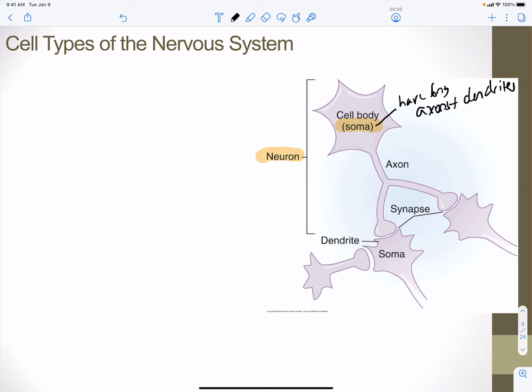And then the dendrites are going to receive information from the axons of other neurons. So here you have an axon, and here you have a dendrite, and the dendrite receives information.